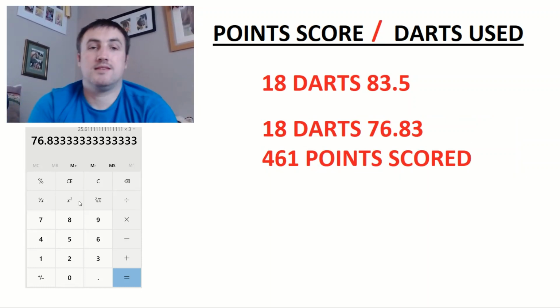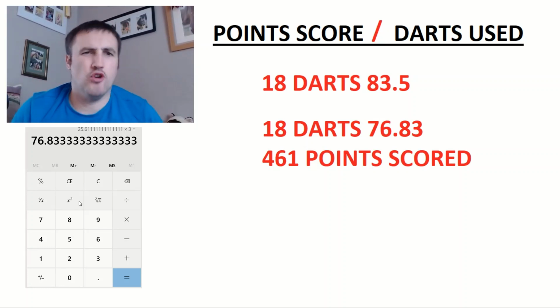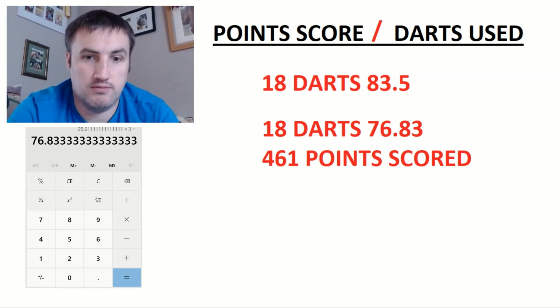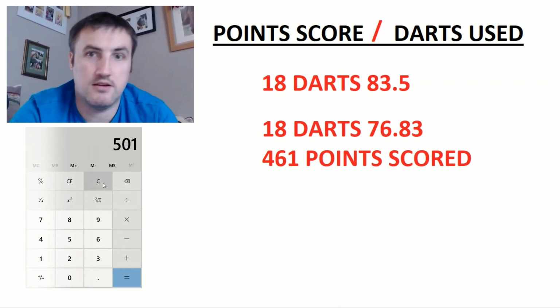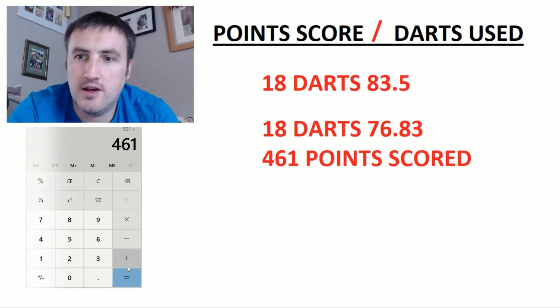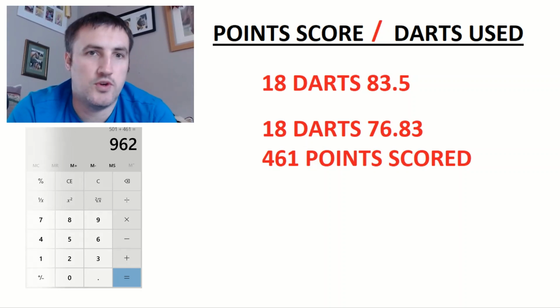Then, to get my total average for that match, so it's a 1-all draw, we work out what we've got. So, my overall average is 501 points scored for the first leg. Add that to 461 points, because that's what I've scored in the second leg. Add those two together. I've scored 962 points in total.